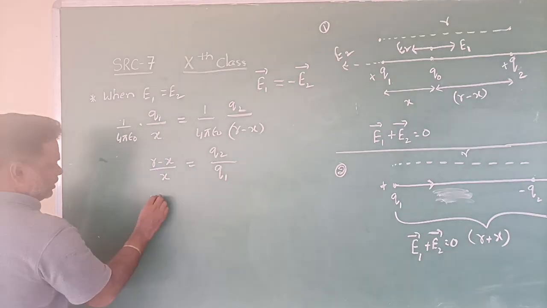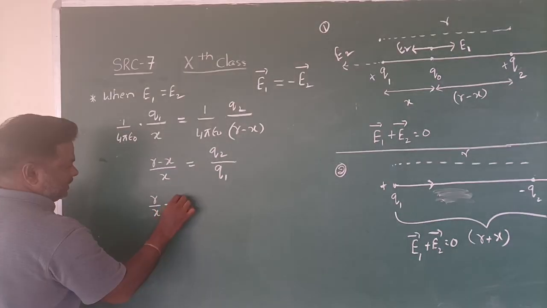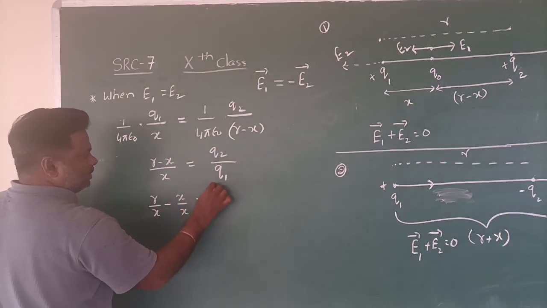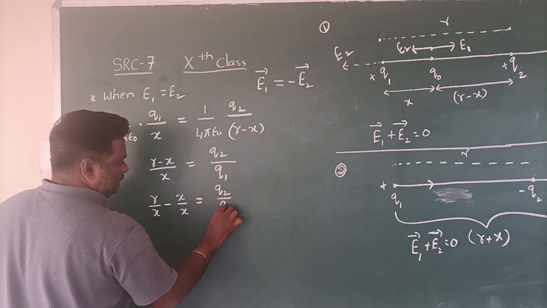So what will you get? R by x minus x by x, equal to Q2 by Q1.